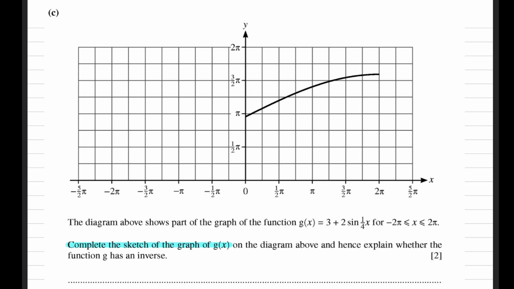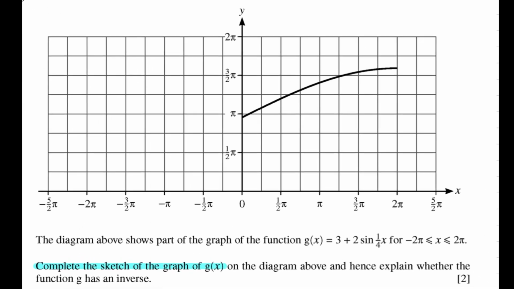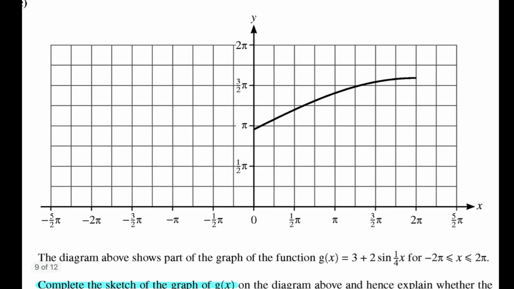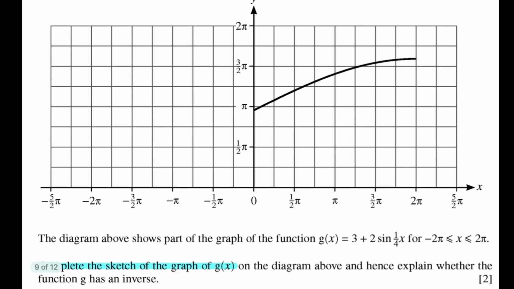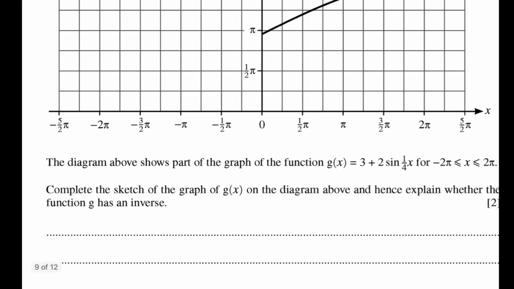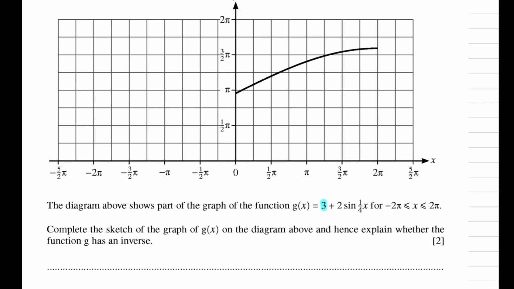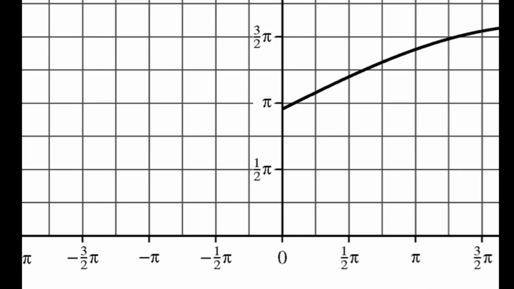Okay, so let's see what we have here. First thing first, we know that for g(x), the principal axis is at 3. So if you look at the graph, it starts from here, which is approximately 3, because pi is like 3.14. So it starts from the principal axis here and then goes up.